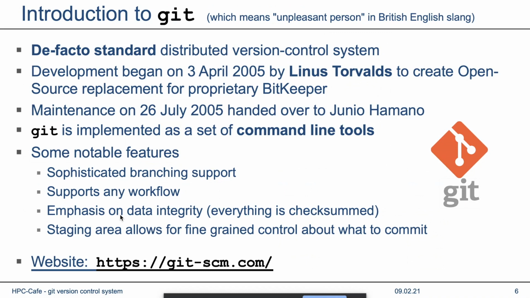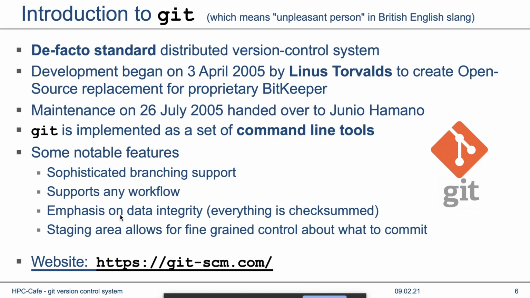Soon the maintenance was taken over by Junio Hamano. Linus Torvalds really only put down the first initial implementation, and since then Junio Hamano does all the work. It's implemented as a set of command line tools, and it was designed obviously for the Linux kernel development. This development has some specific requirements.